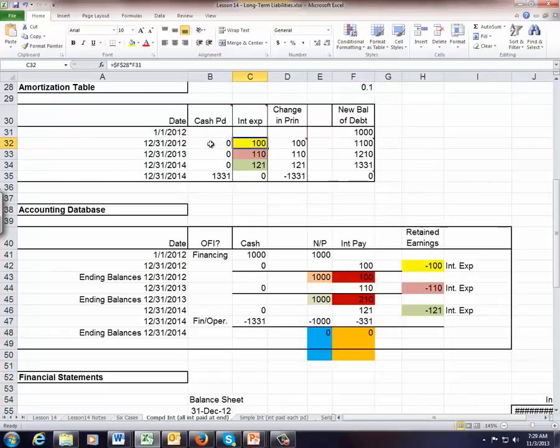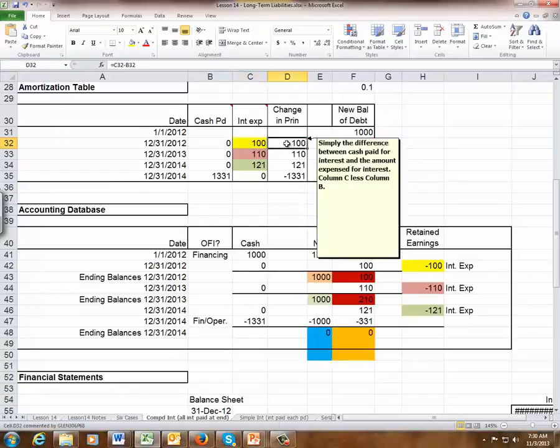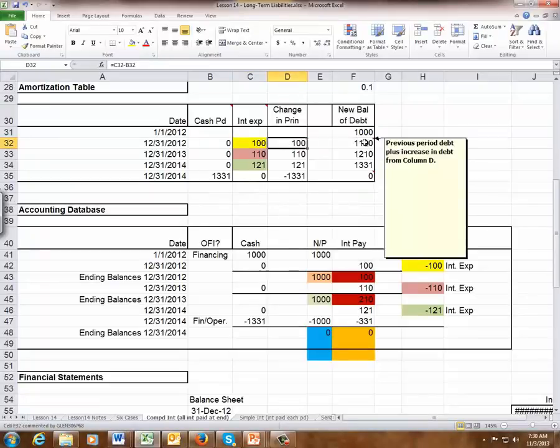Since the terms say not to pay any interest at the end of each period until the end of the note term, that interest accrues, that 100 will be added to the amount we owe, and that amount we owe now becomes 1,100.